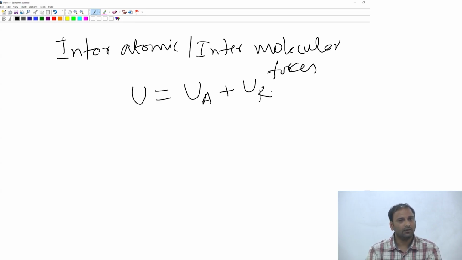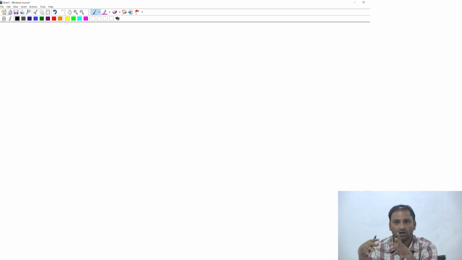There could be different contributions to the total interaction potential between the atoms and molecules. You would have heard of atomic bonding, ionic bonding, covalent bonds, metallic bonds, van der Waals forces. All of these contribute to the interatomic or intermolecular forces.